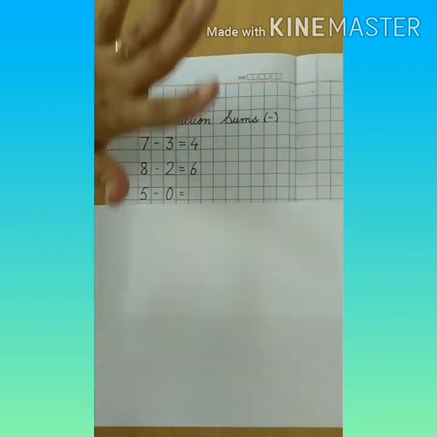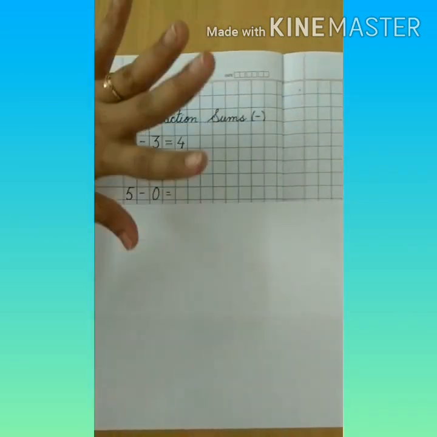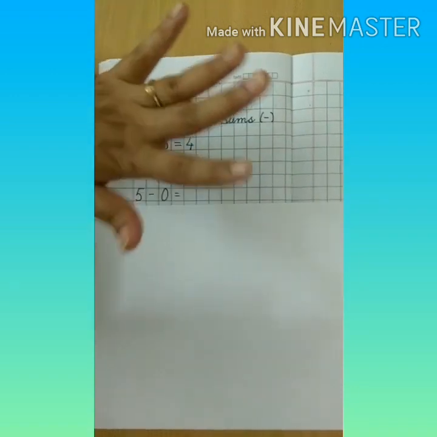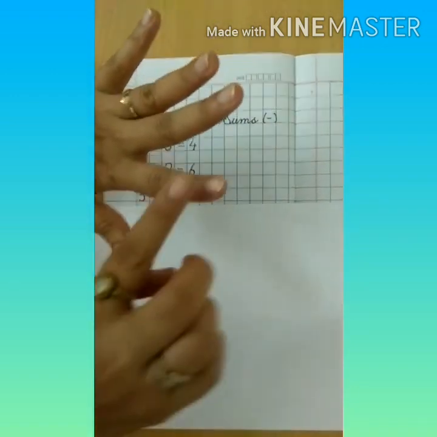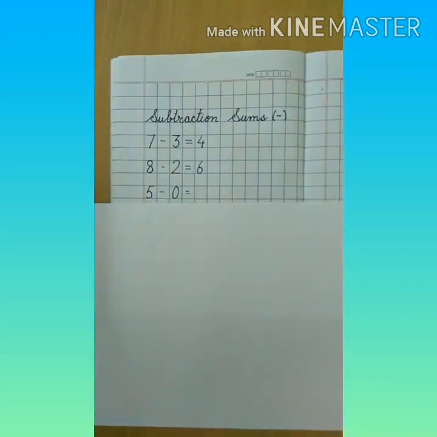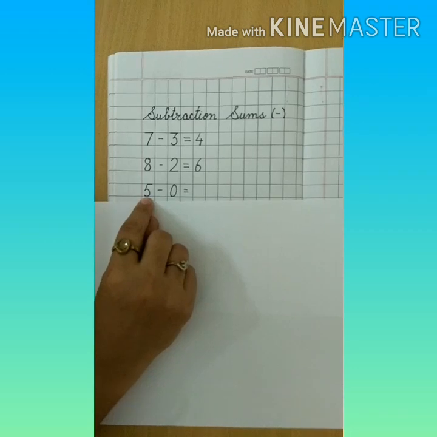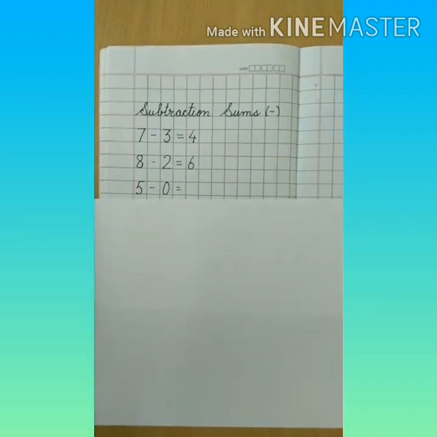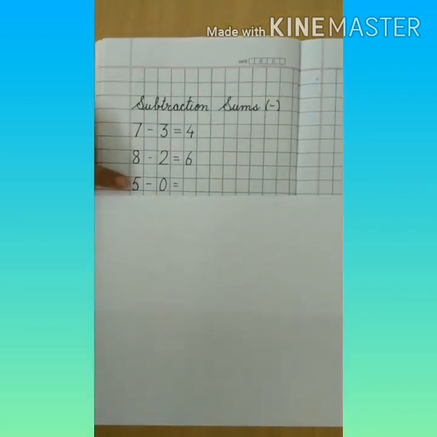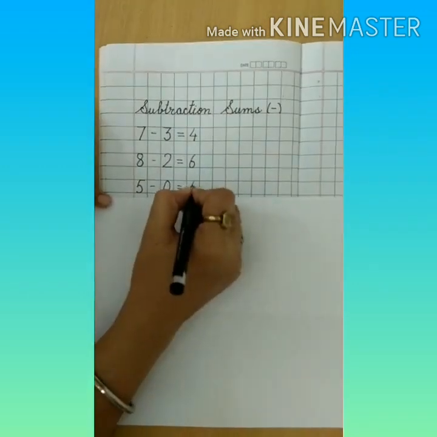Students, we have not put any finger down. So how many fingers are left? 5. It means when we subtract 0 from any number, the answer comes the number itself, that is number 5.